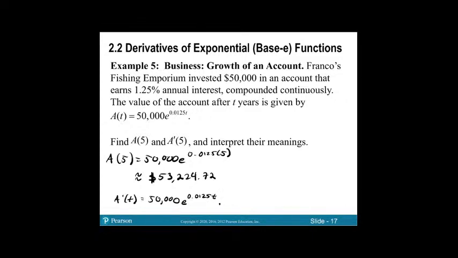Kind of running out of space here. So then A prime of 5, we basically plug in a 5 into that formula that we just found. Okay. I'm just going to write the result that I get. The 5 is still there, but then I need to say times 0.0125.